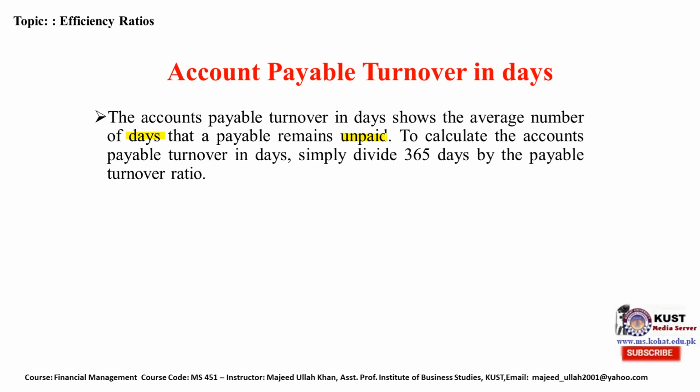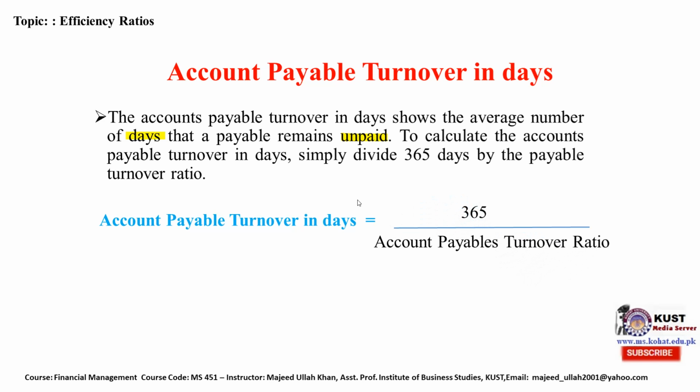If we calculate accounts payable turnover in days and it is 60, it means we are enjoying a 60-day credit limit from our supplier. To calculate it, simply divide 365 by the payable turnover ratio. Accounts payable turnover in days is equal to 365 divided by accounts payable turnover ratio.